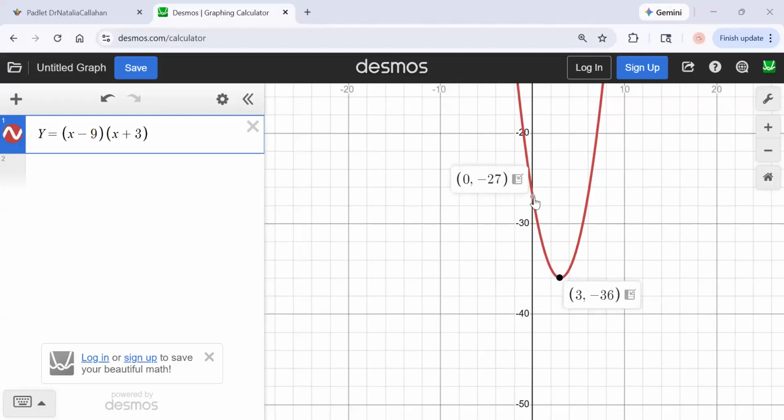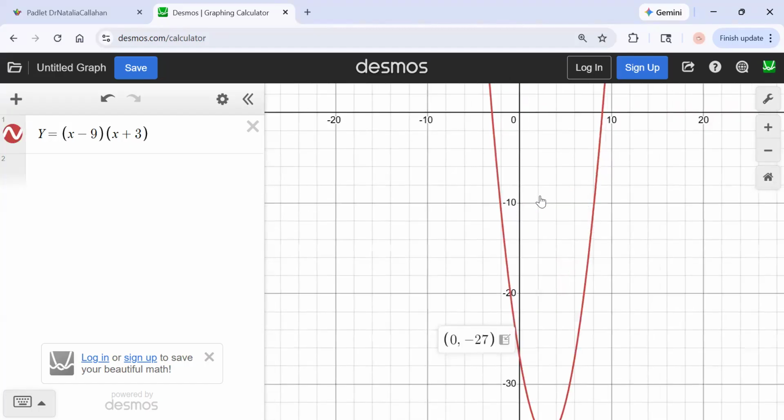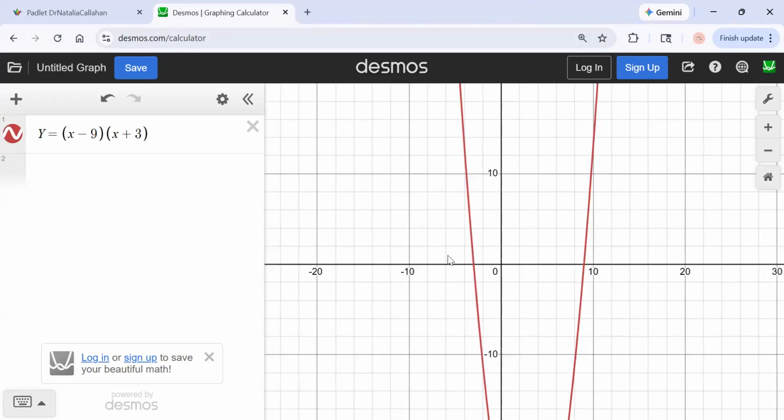The concept is when the x equals 0, correct? It's right there. When x equals 0, this graph hits the y-axis at -27. Y equals -27. Do you see that? Just like the x-intercept is where the graph hits the x-axis. The x-axis goes from left to right. It's this point right here and this point right there.